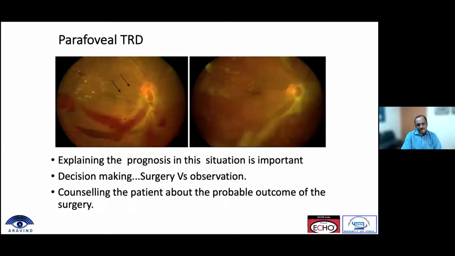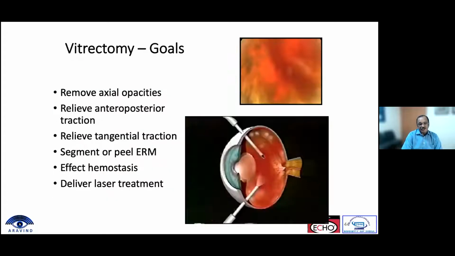So in all these cases, it's important to explain the prognosis to the patient. We have to decide on surgery versus observation. You have to consider all the other parameters, such as the systemic status of the patient, before considering the surgery for these patients.